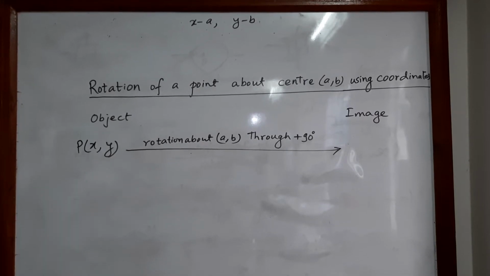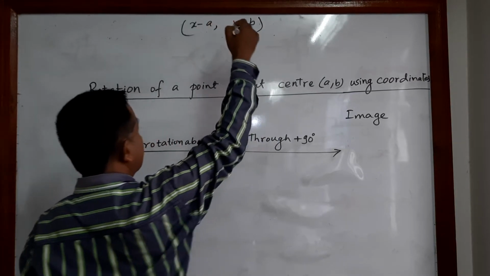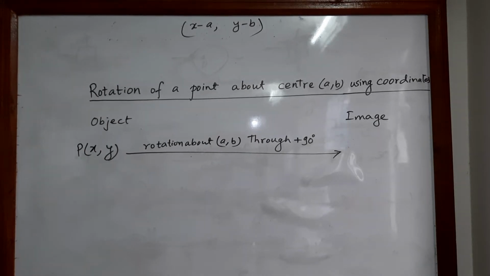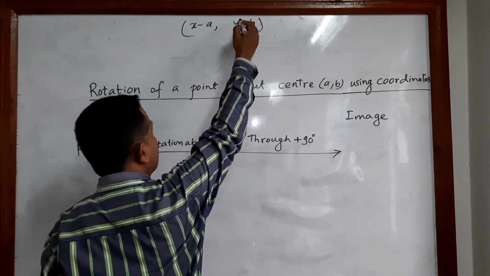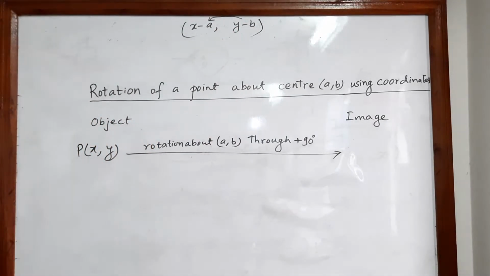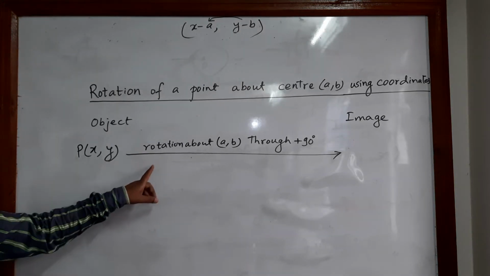And next to that, using our previous technique, we have to rotate this through positive 90 degrees, that means in anti-clockwise direction. I have already given the technique to rotate through 90 degrees in anti-clockwise direction.